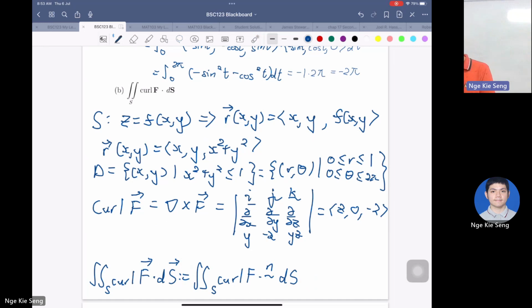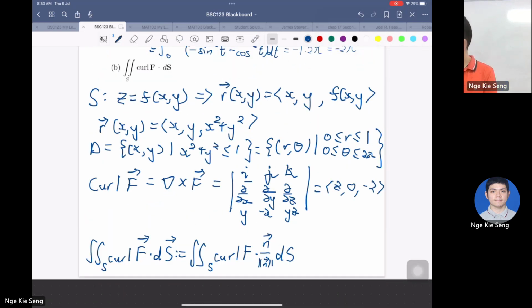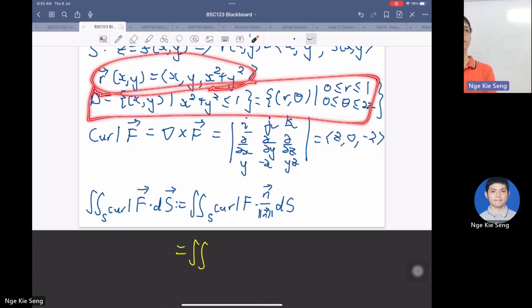So I need to change to a flat one. After changing to a flat one, you see, R is the flat surface, but D is not a flat surface anymore.